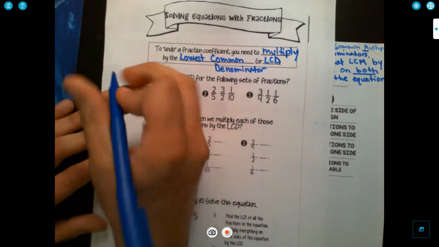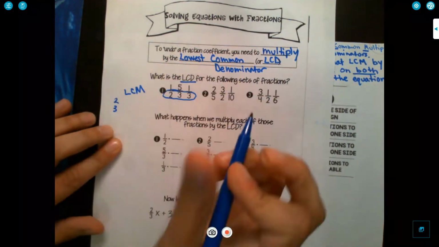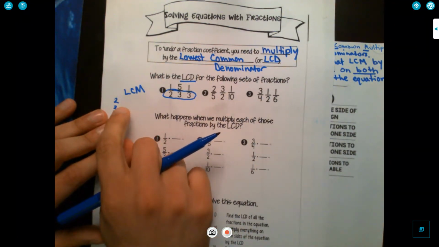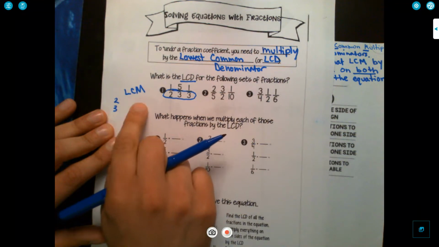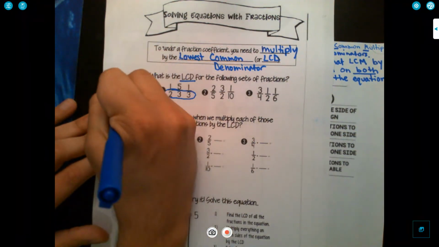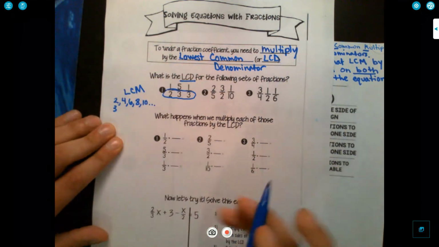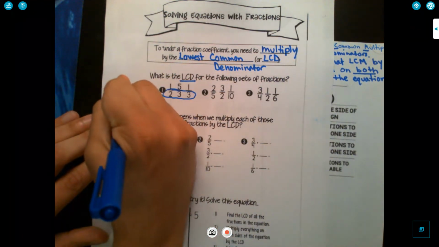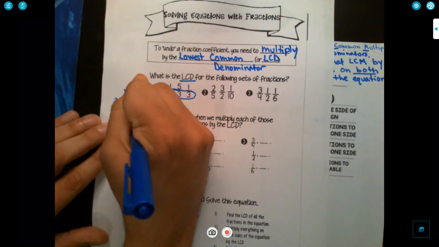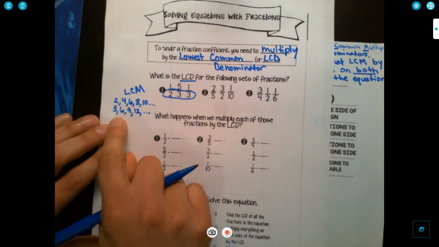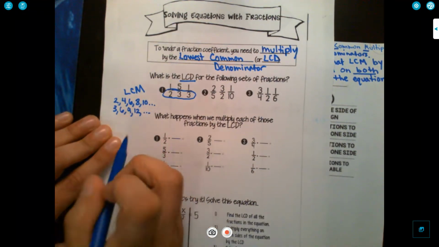So I'm just going to write out 2 and 3. To get started, I'm going to count out in 2s. So we got 2, 4, 6, 8, 10, and so on. And for 3, we'll have 3, 6, 9, 12, and so on. Now we need to find the smallest number that each one of these sets share.